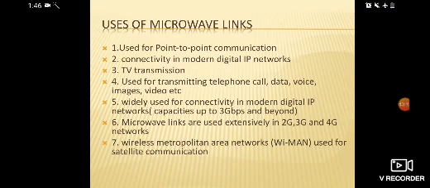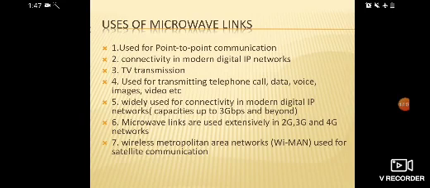It is like a radar system, but it acts as a transmission line between two repeaters. That is the microwave link.